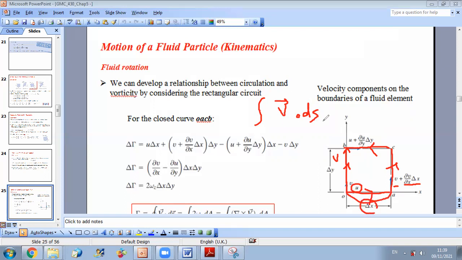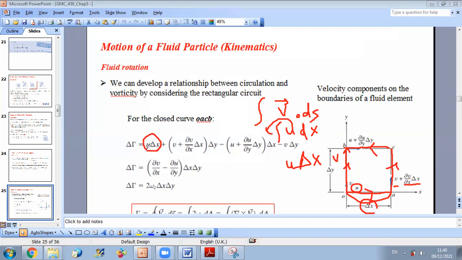So v dot ds will give me u dx. By integrating over element OA, since u is constant over this small distance, taking u outside, the result is u times delta x. So this is the first value I get.